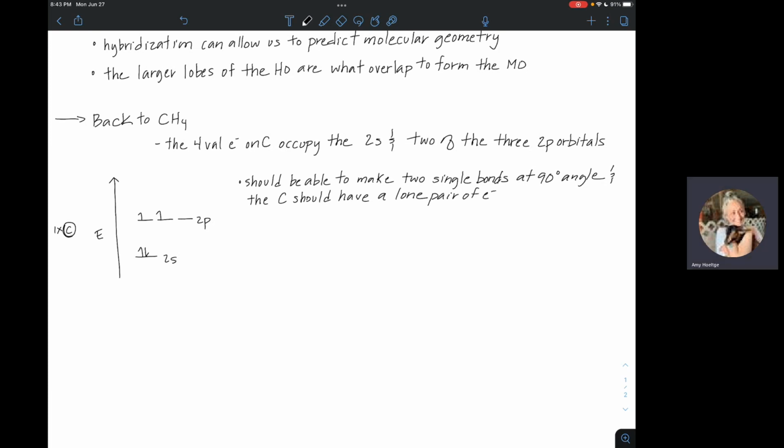The lone pair of electrons are the two paired up electrons in the 2s orbital, aren't they?